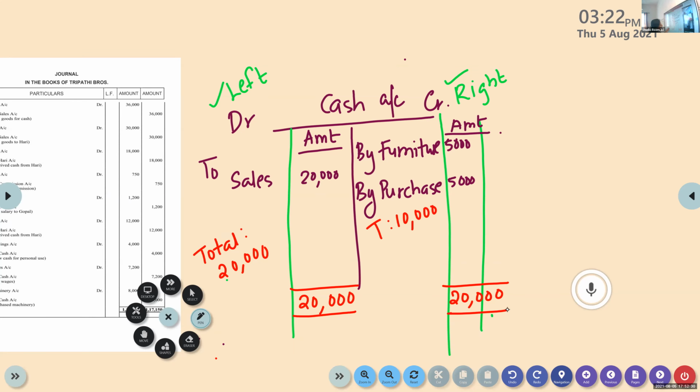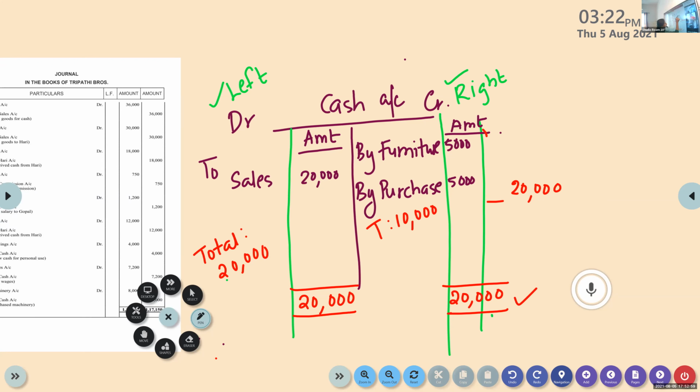Now the next step is, here 20,000, 20,000. The left hand side is 20,000. But on the right hand side, we know that the total is only 10,000. So in order to bring it to 20,000, what to do? We will subtract. 20,000 is the total, this one.